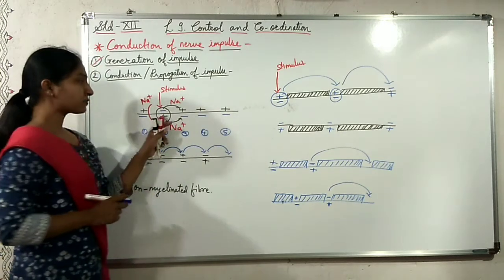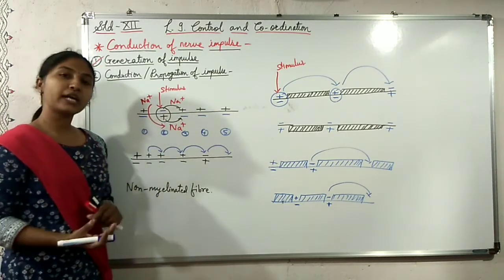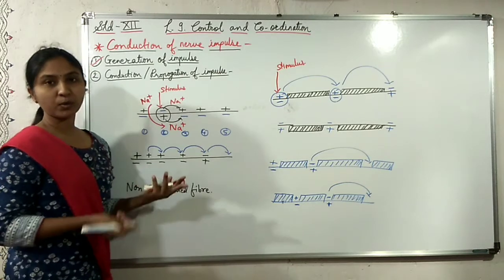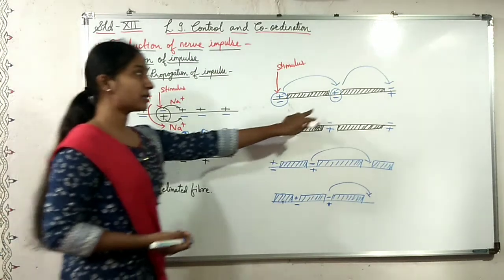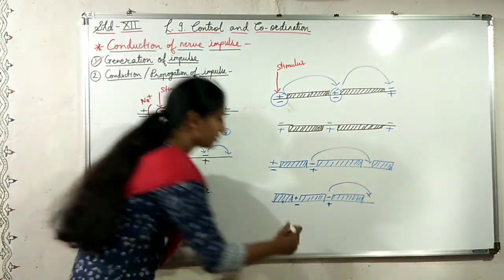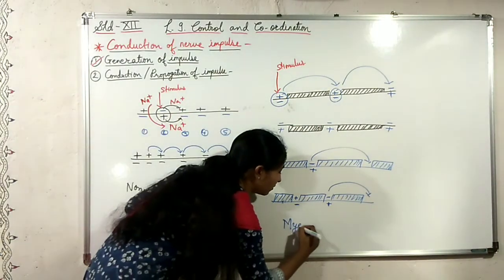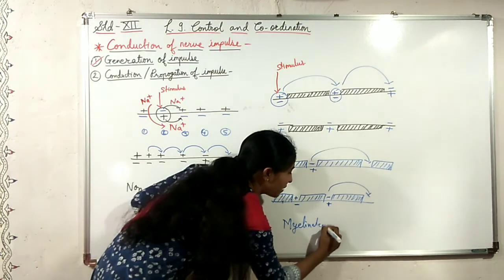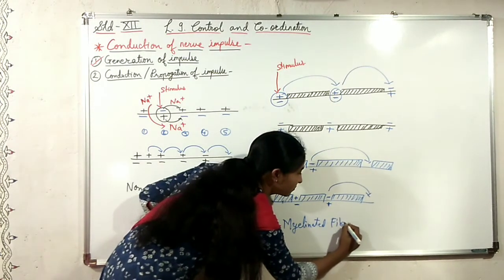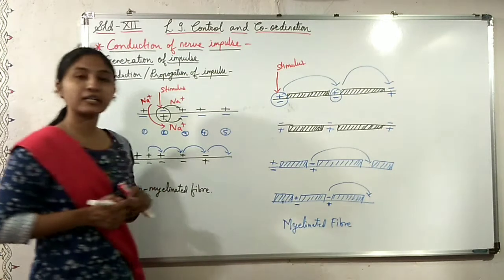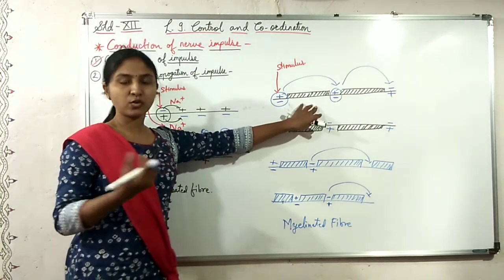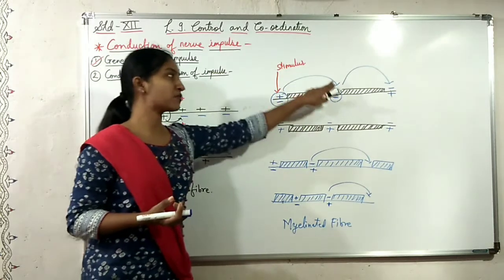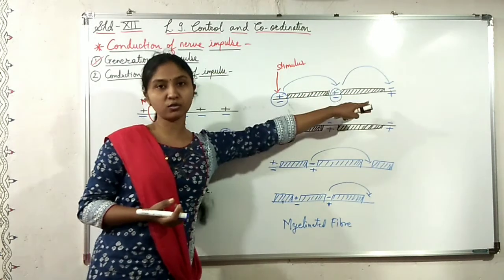Now here, there are voltage channel gates of sodium, calcium, potassium present in the non-myelinated fiber. Whereas in the myelinated fiber, there are no channel gates present over here. There are no channel gates for sodium, potassium. The impulse jumps from one node of Ranvier to other node of Ranvier.